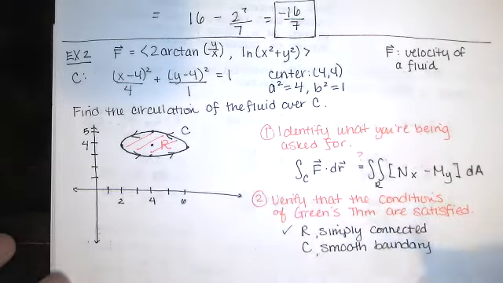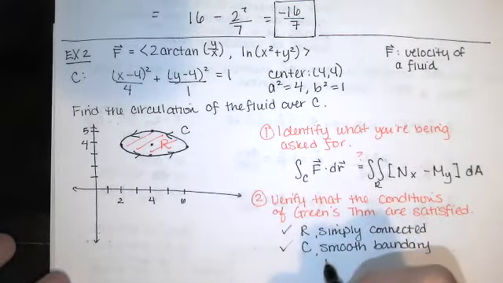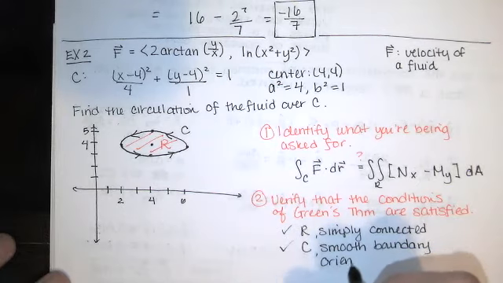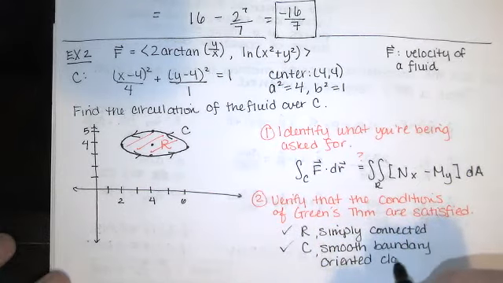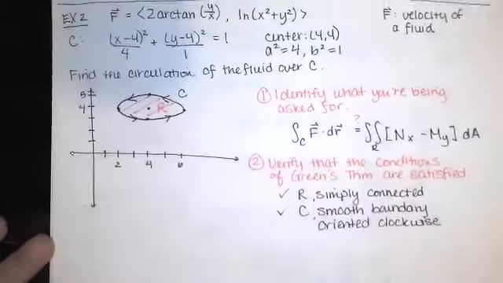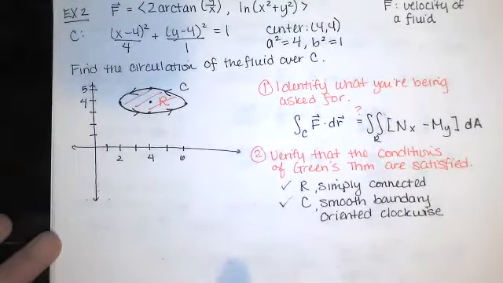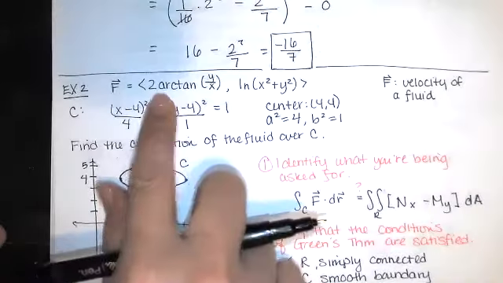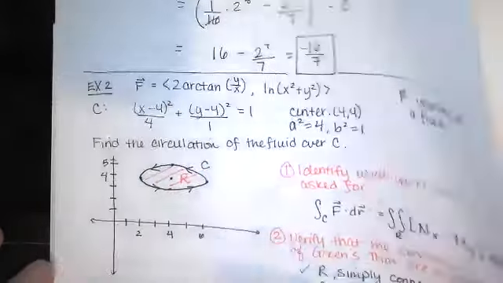Oriented counterclockwise? Sure. And that was our choice. And then what's the last thing we need to check? Ooh, this one's a little bit more challenging this time. Here's my M and there's my N.